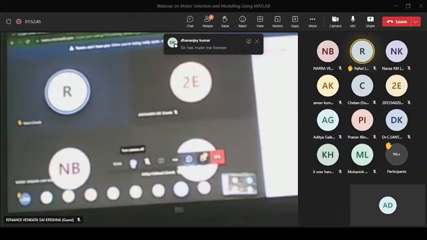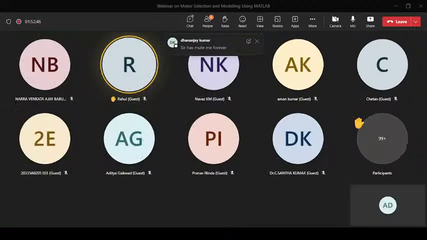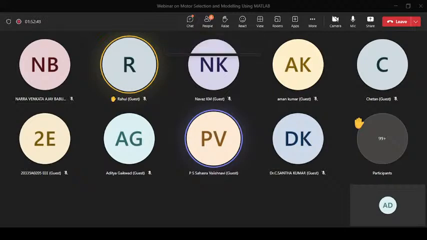For motor selection, do we always follow this method, calculating power? We either go for mathematical calculations or for MATLAB. Designing a vehicle is a very dynamic thing, so we put the vehicle model into a drive cycle in MATLAB.